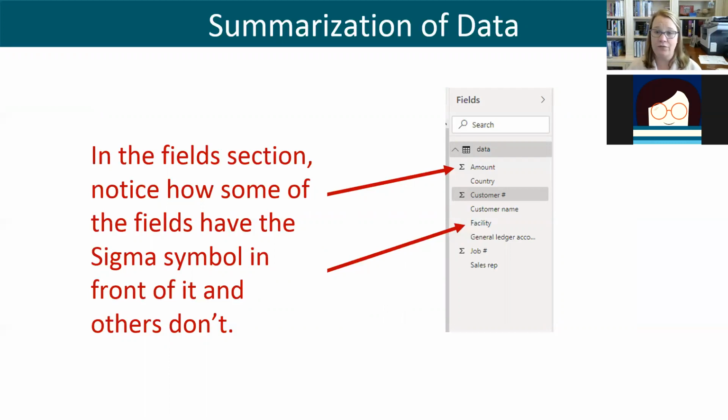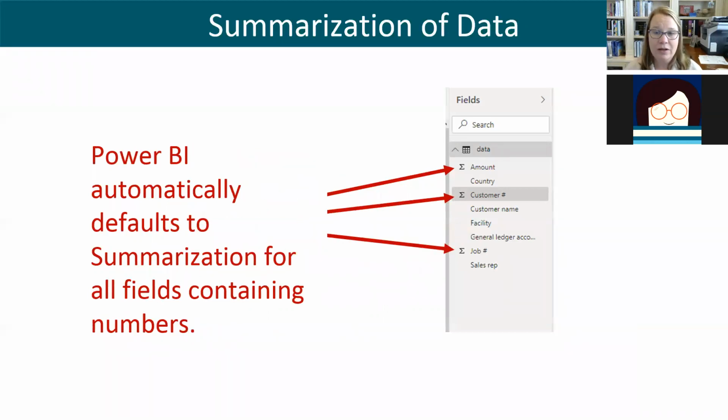Well, that's fine for the amount column, but it doesn't work great for customer number and job number. We don't want the customer number to be all added together into a large total, and we don't want job number to be all added together into a large total.